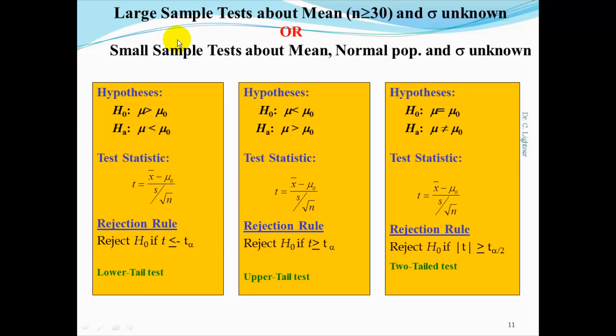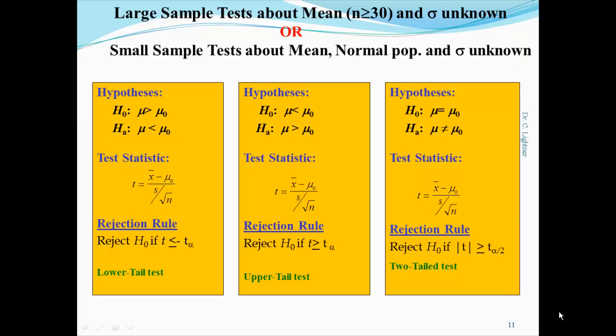For our problem, we have a small sample case since n equals 16. The population is normally distributed and sigma is unknown. Therefore, this slide contains the test statistic and rejection rule for our problem.